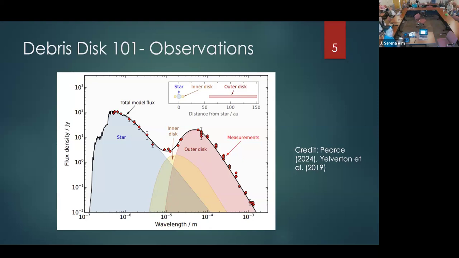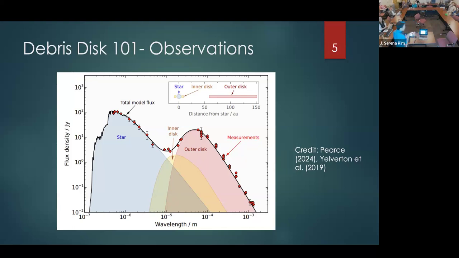From these indirect measurements, you can actually start to characterize some of these systems. You can get a sense of the temperature, which gives you a rough idea of the location of the dust belt in a system. That's what this figure is trying to illustrate here. You have this really big outer disk component, and then you have some contribution from an inner disk component as well.